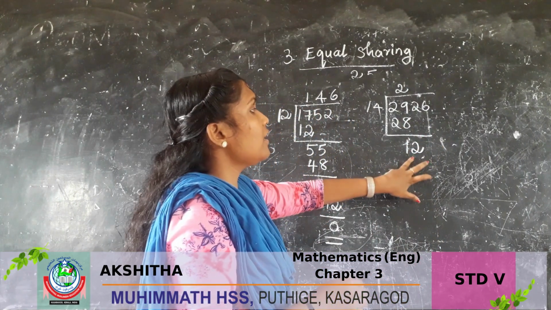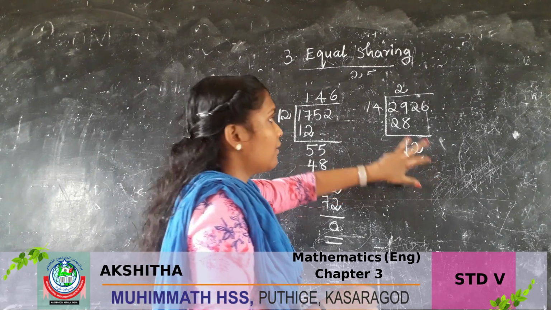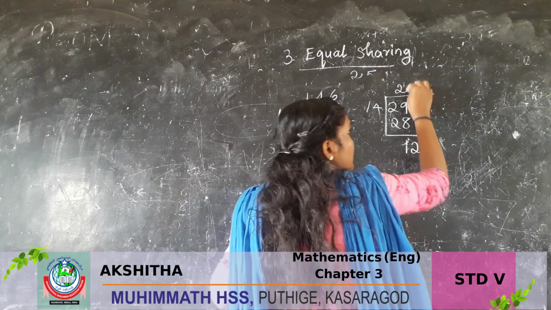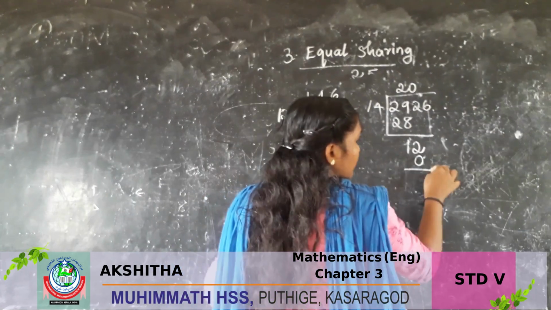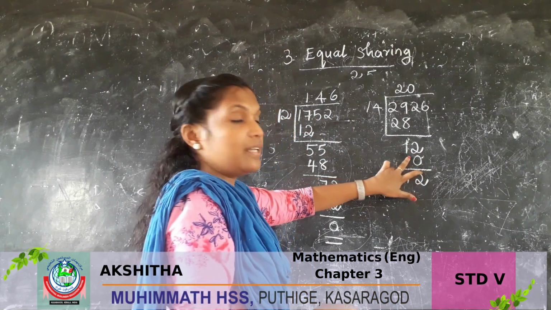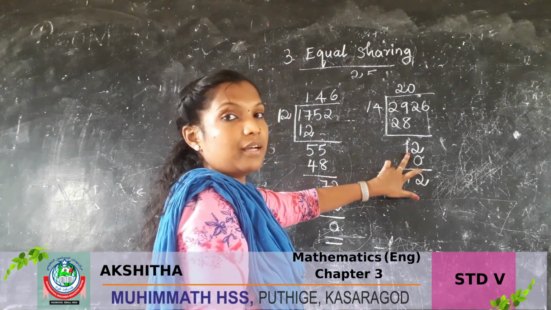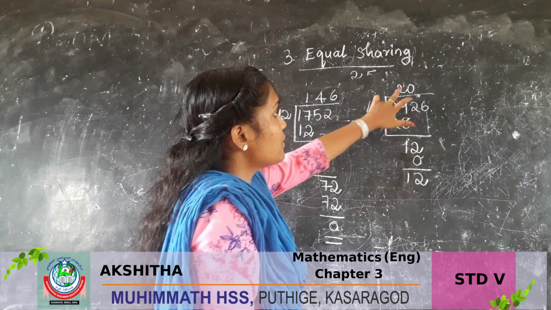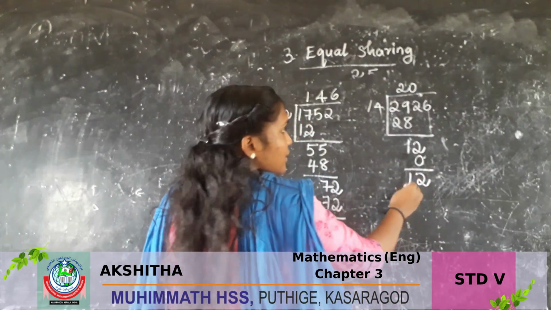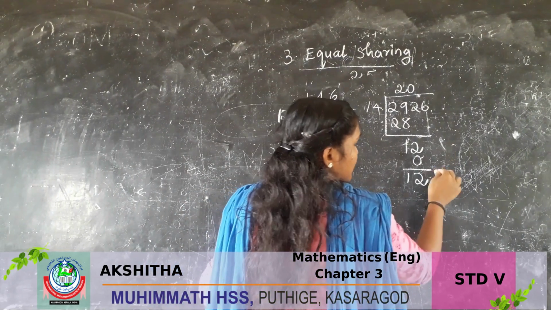So again here 12 is the small number than 14. So we should write here 0. If you get a small number again, we should write 0 here. Okay, 0 here also. Next we should write this number 6.